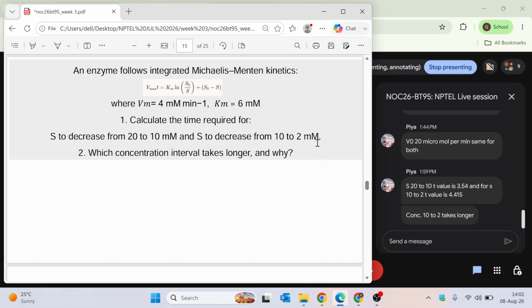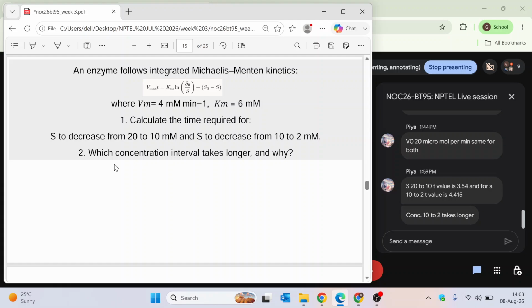So the answer Pia has given is completely right. It's just direct substitution and you will get these two values, and comparing them, it's very obvious that 10 to 2 millimolar takes longer.